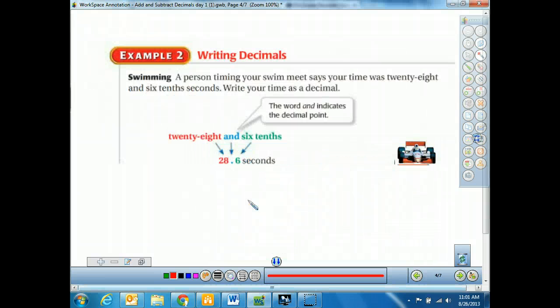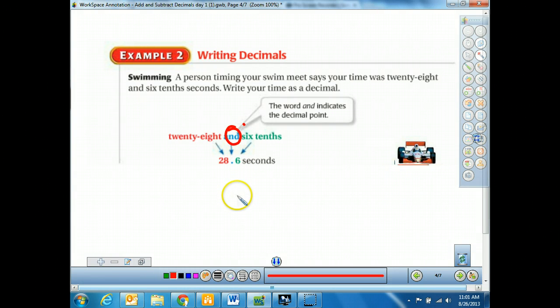All right, so a person timing your swim meet says your time was 28 and 6/10 seconds. We need to learn how to write that as a decimal. When we see it in words, we always know that the "and" means our decimal point.